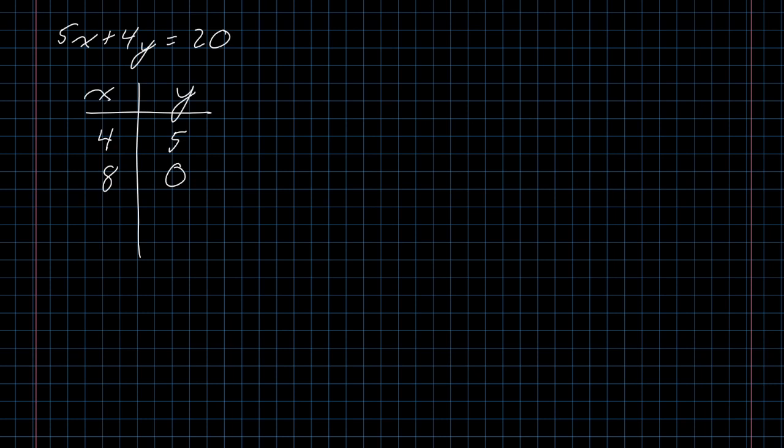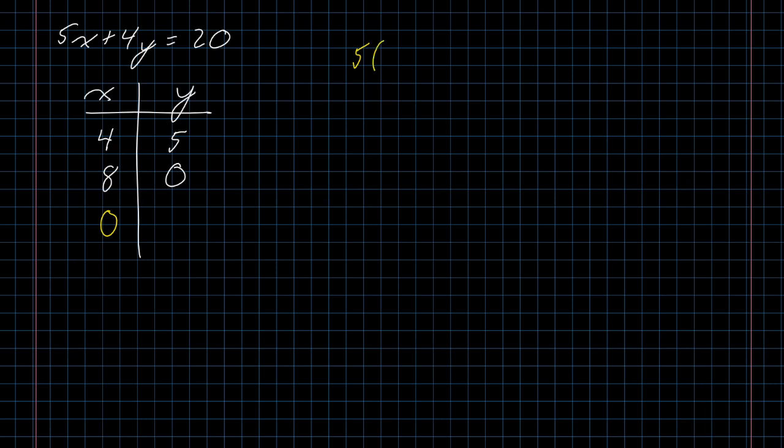Let's look for one more. In order to find a solution to an equation in two variables, we are generally going to pick a value for one of the variables. It doesn't matter which variable we pick, and it doesn't matter which value we pick, but some values are going to make your life a little bit easier. Let's pick x equals 0.